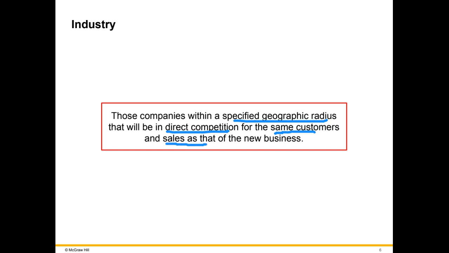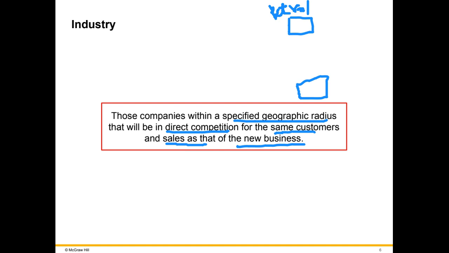Okay, so if you try to identify the competition for a petrol station, we are planning to start a new petrol station, then you would exactly know where your competitors' petrol stations are located.